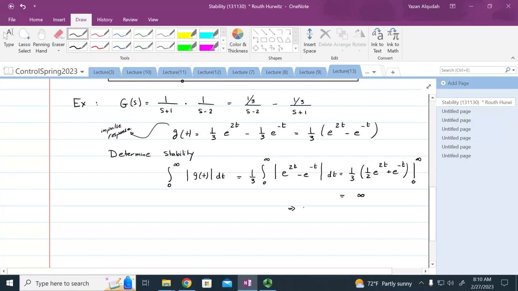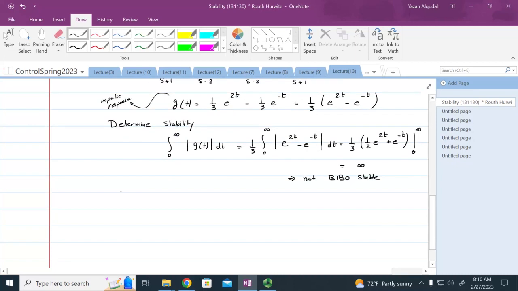Therefore, this system is not bounded input, bounded output stable. And we can see why it is not stable.